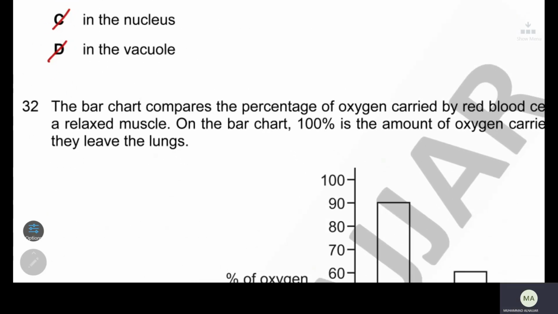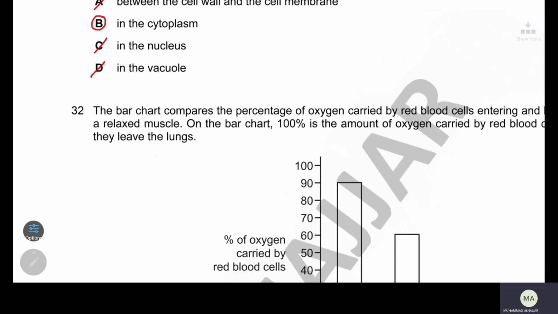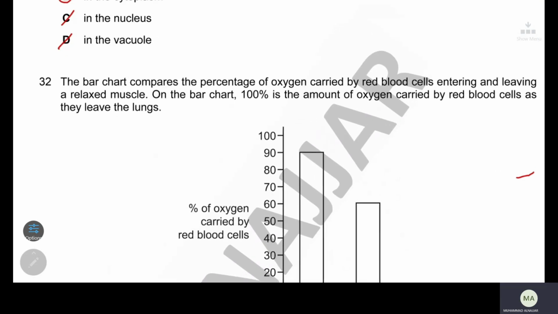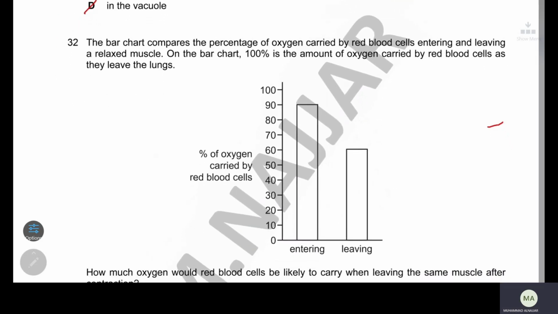Question number 32 says, the bar chart compares the percentage of oxygen carried by red blood cells entering and leaving a relaxed muscle. On the bar chart, 100% is the amount of oxygen carried by red blood cells as they leave the lung.